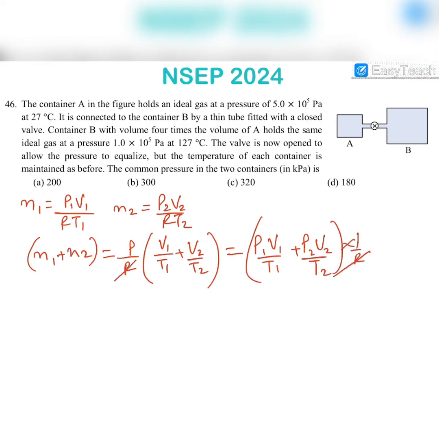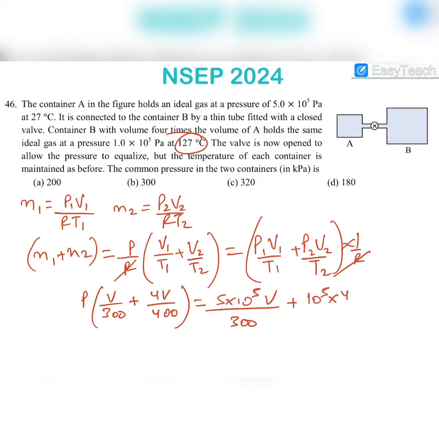So cancelling 1 by R, P into V1, let's suppose V, and T1 was 300, plus V2 is 4V, and T2 is 400, and that is equal to P1, which is initially 5 into 10 raised to power 5, V1 was V, and temperature is 300, plus P2 is 10 raised to power 5, V2 is 4V, and the temperature is 400.